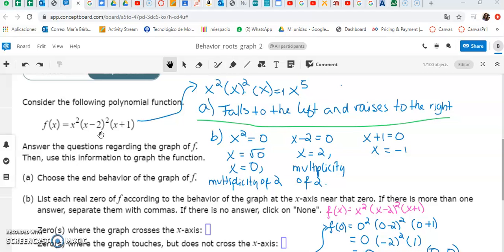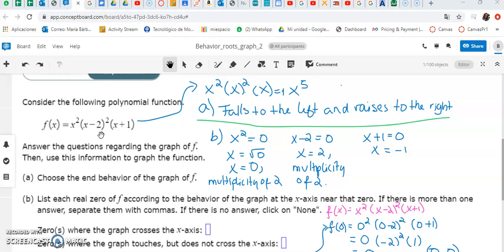So we have x to the second, times x to the second, times x to the 1 power. So x to the second times x to the second is x to the fourth, times x, this is x to the fifth. And then here we found that the degree is a fifth degree, which is an odd number.